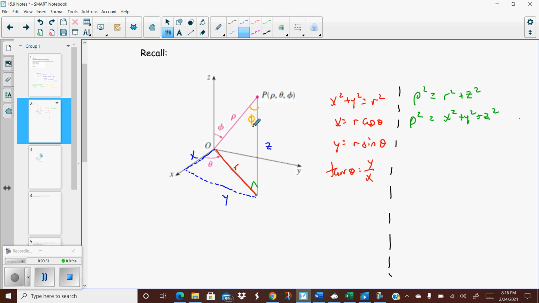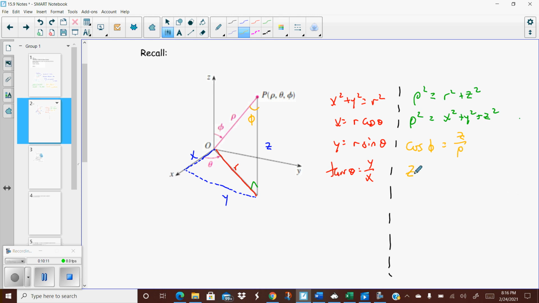And within that triangle, I know that cosine of phi is going to be adjacent over hypotenuse, so that's z over rho. Then obviously you could solve that for z, by simply multiplying both sides by rho.